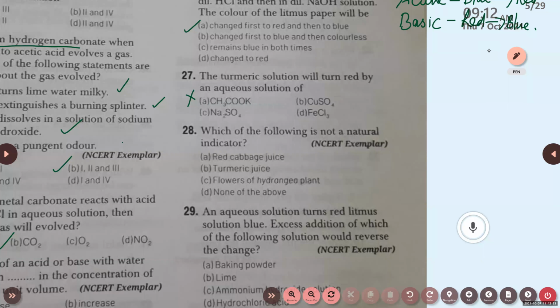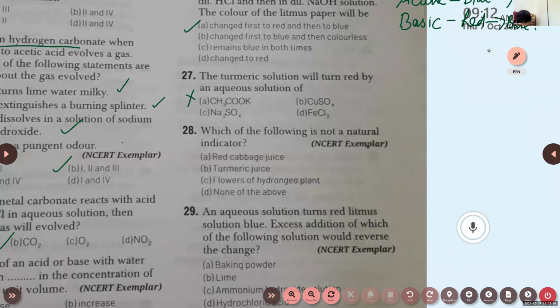Red cabbage juice, turmeric juice, flower of hydrangea plant, none of the above. Option A, red cabbage juice. B, turmeric juice. C, flowers of hydrangea plant. D, none of the above. Which one?